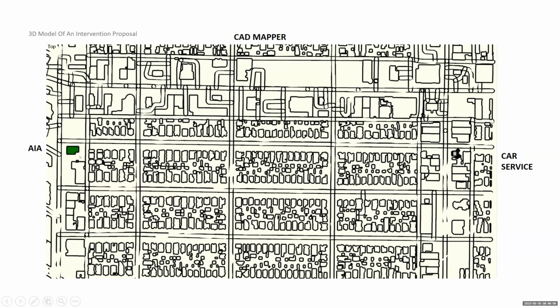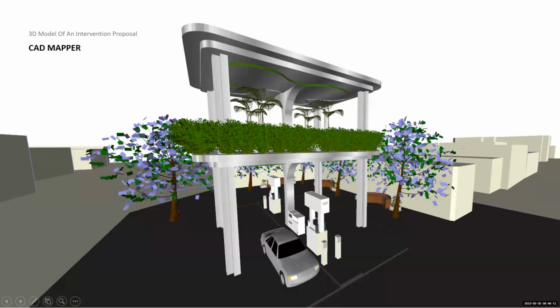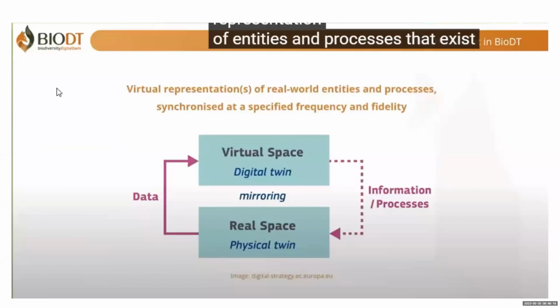This is the AIA headquarters, and this is the empty lot that I chose. And this is the view in the CAD Mapper. And these are notes. And that's my presentation.